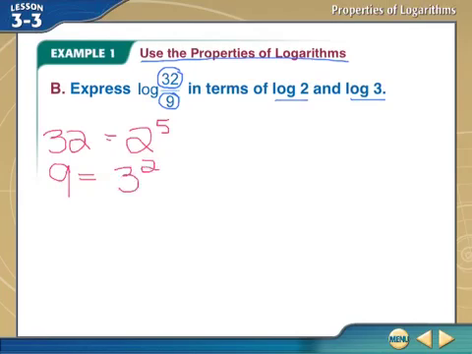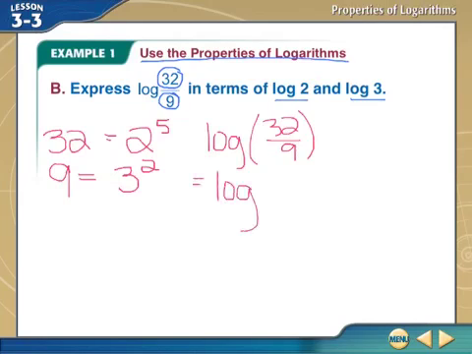Okay, so really what I have here, when I say log of 32 divided by 9, that's really the equivalent of log of 2 to the 5th over 3 squared. Now, what I'm going to do from here is apply those properties of logarithms.